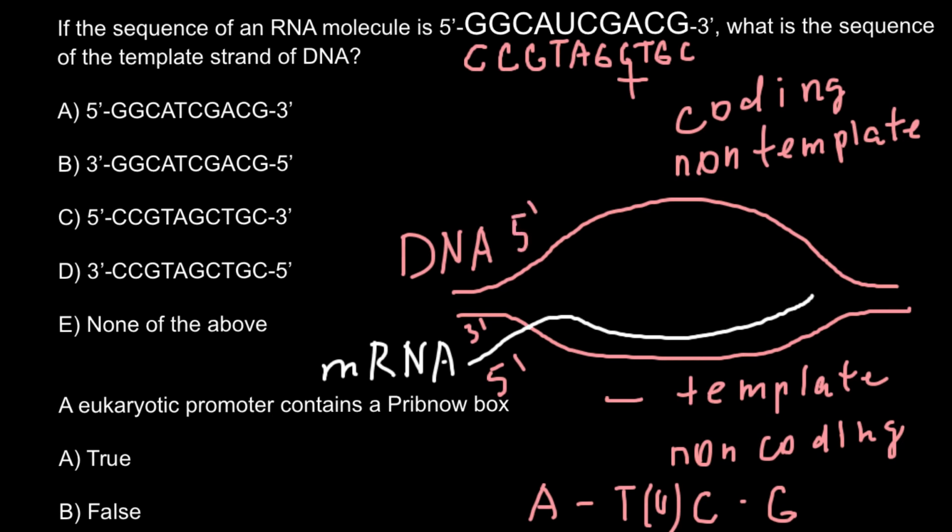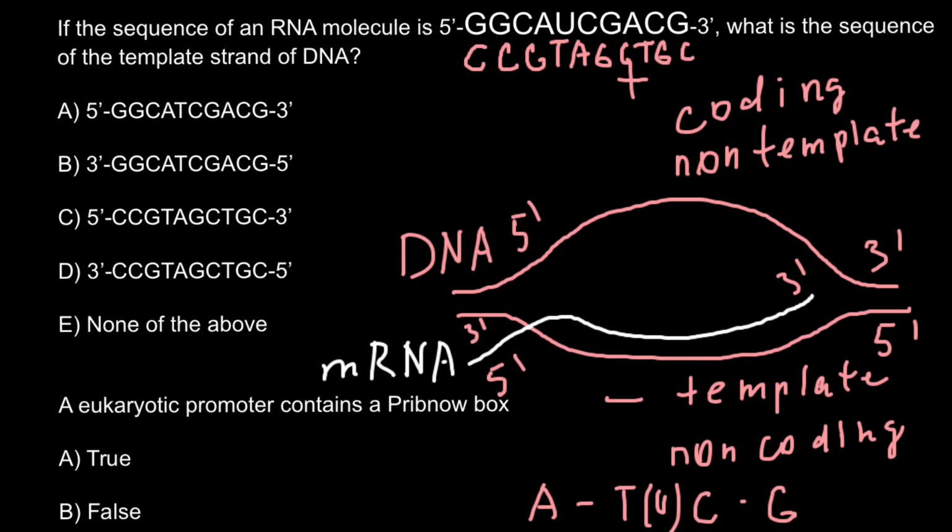So here we would have 5' end, here we would have 3' end, 5' end here, and 3' end here. So as you see, the coding strand of the DNA goes in the same direction as messenger RNA.